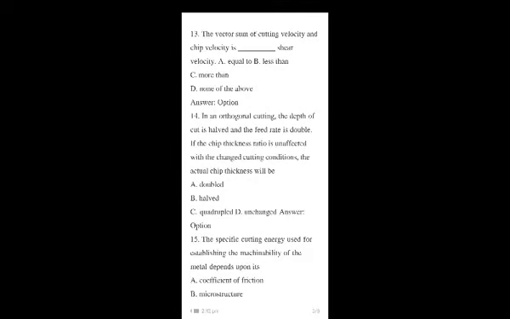Next question, in an orthogonal cutting, the depth of cut is halved and the feed rate is doubled. If the chip thickness ratio is unaffected with the changed cutting condition, the actual chip thickness will be doubled. 15th question, the specific cutting energy used for establishing the machinability of the metal depends upon all these three factors.